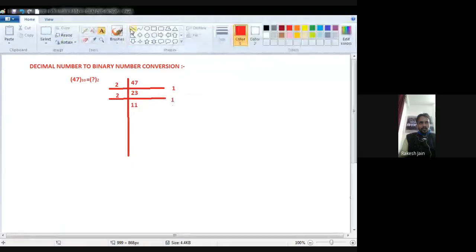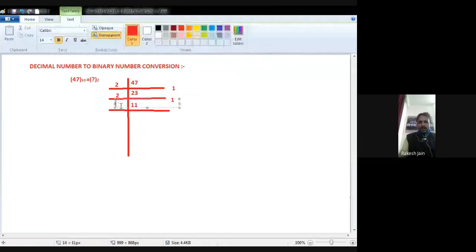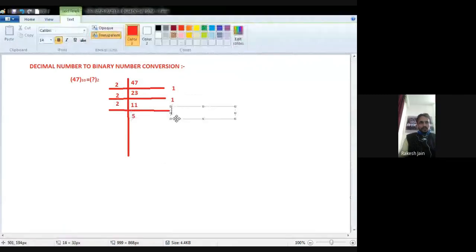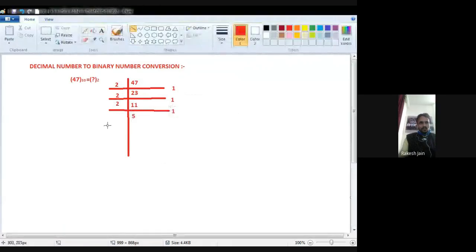Again we divide this 11 by 2. So like this, continuous division by 2. How many times will it be divided? 5 times. 5 multiplied by 2 is 10, so the remaining bit will be 1. Now this is divided by 2.